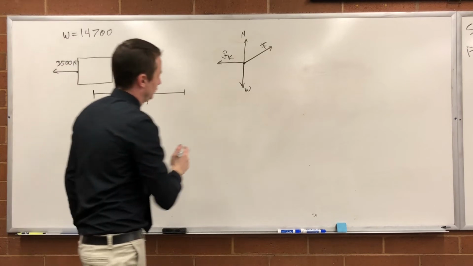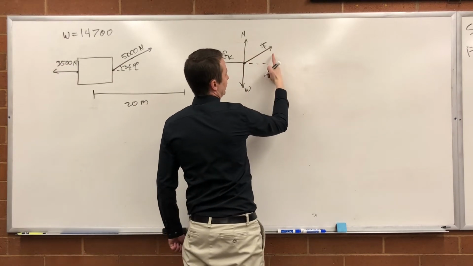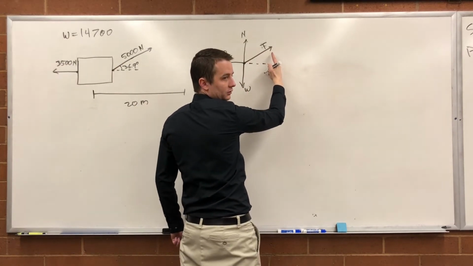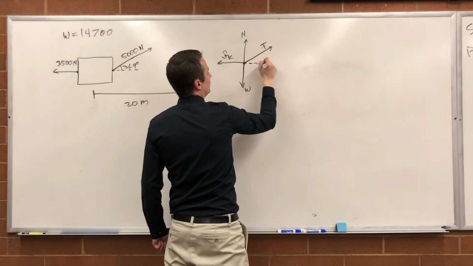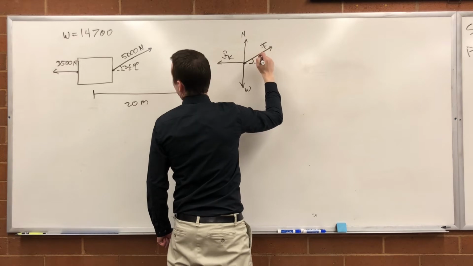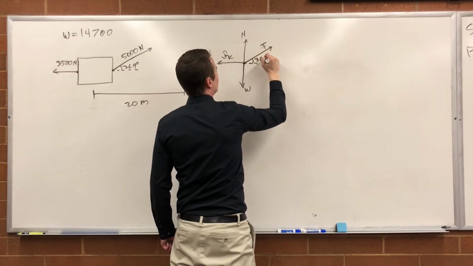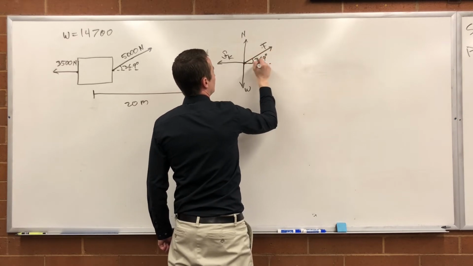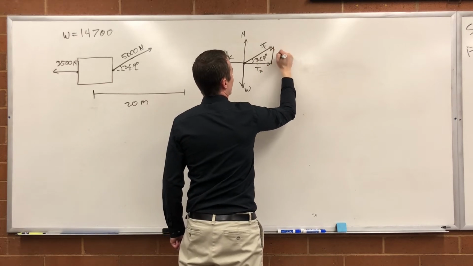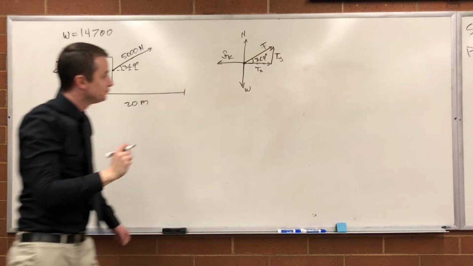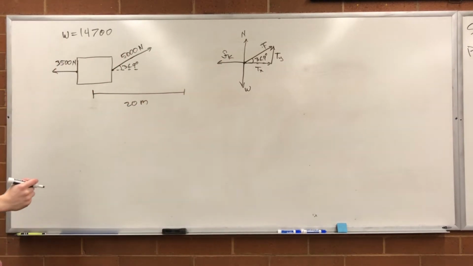Not perfectly canceling out the weight, I'm sorry, because the tension is also pulling up some. Yeah. And the sled's not moving up. So we're going to have that 36.9 degrees. Then this we'll call T sub x, and this we'll call T sub y. Right? Okay.